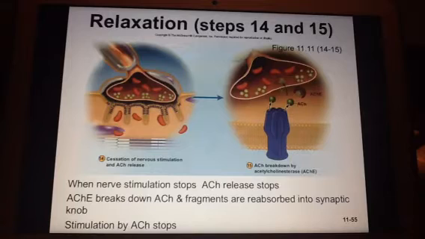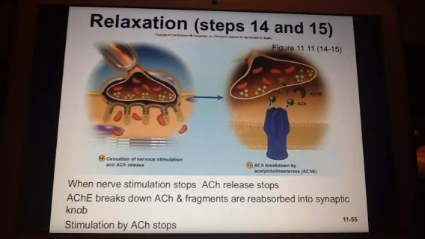Okay, so once all that is done, the nerve stimulation is going to stop. I shouldn't say that. The contraction doesn't have to be done for the nerve stimulation to stop, but when the nerve stimulation stops, the acetylcholine release also stops, and the enzyme then breaks down the acetylcholine, and the fragments are reabsorbed into the synaptic knob, or back up into the nerve fiber.